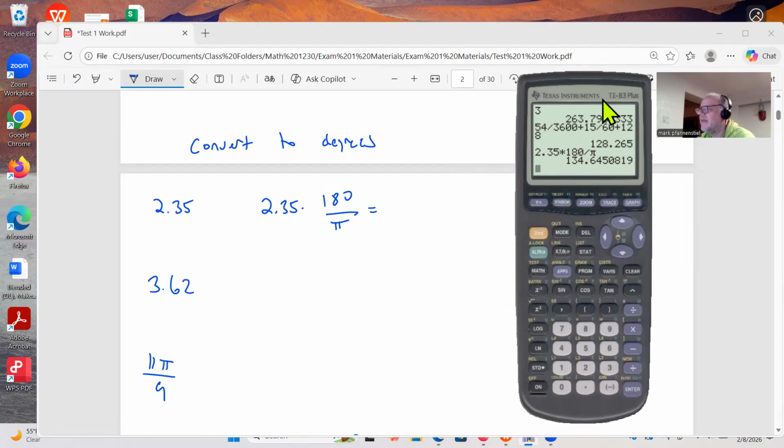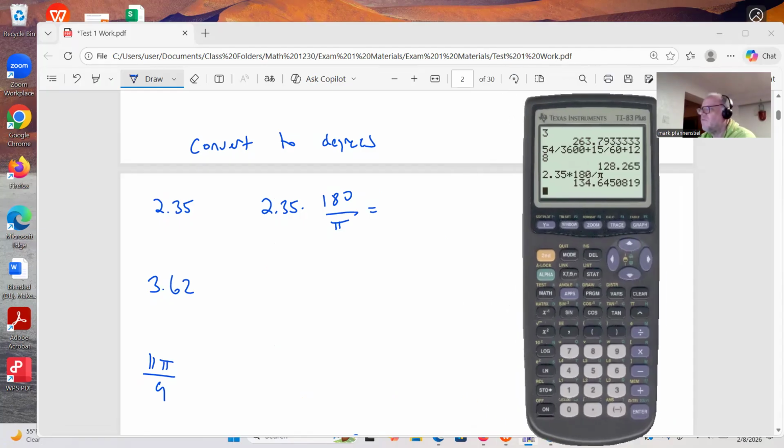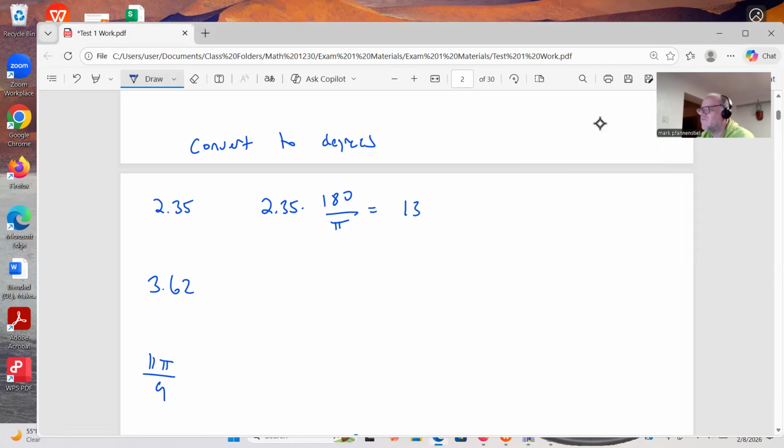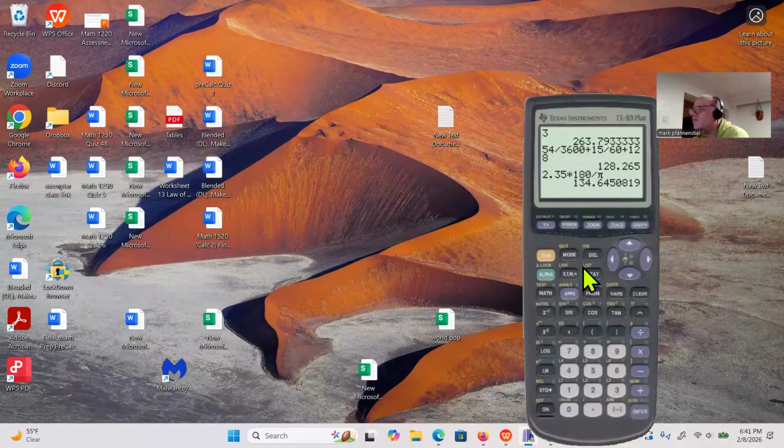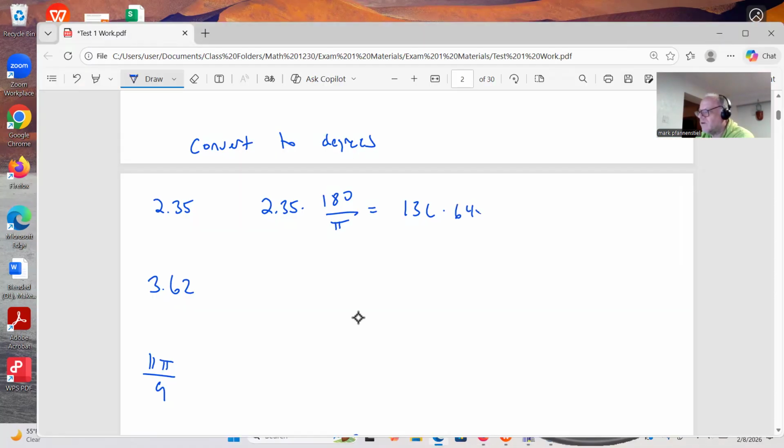So that ended up being 134.645. Let's double check here. Yes, 134.645 degrees. So that's our first problem.